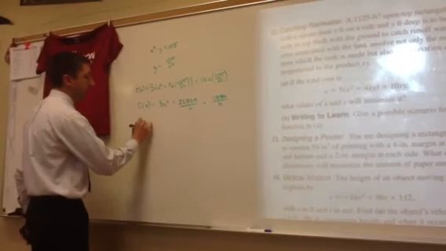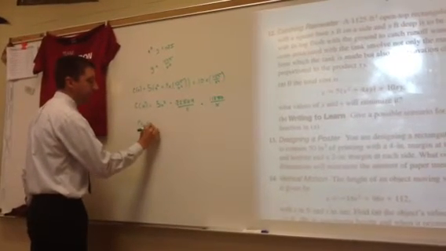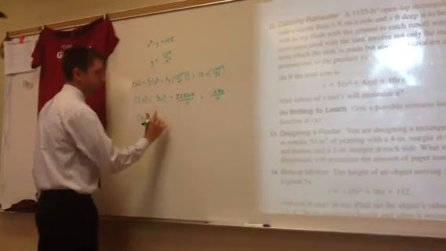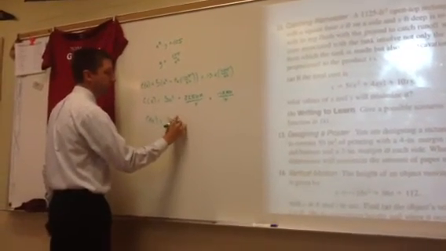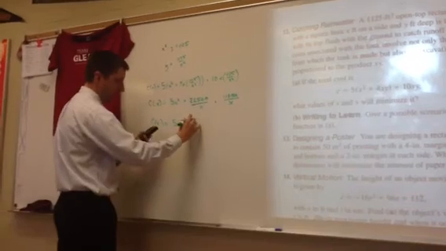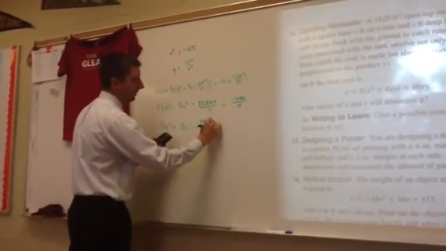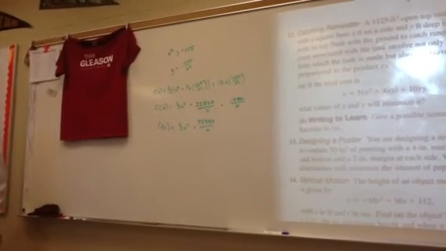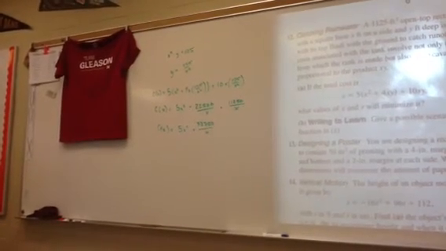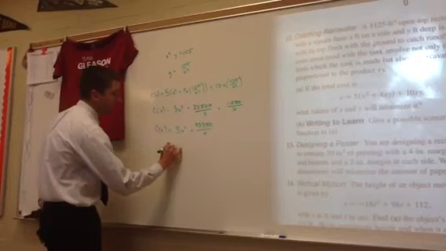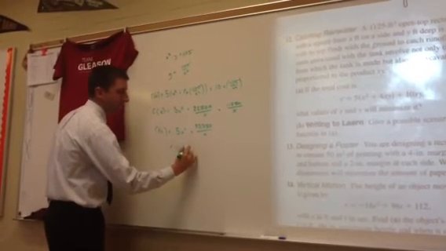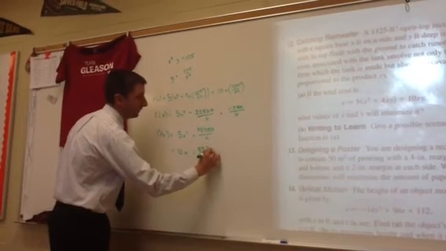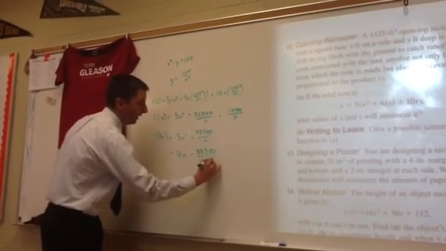So then I've got my cost in terms of X is 5X squared plus 33,750 over X. Take the derivative, so I have 10X minus 33,750 over X squared.